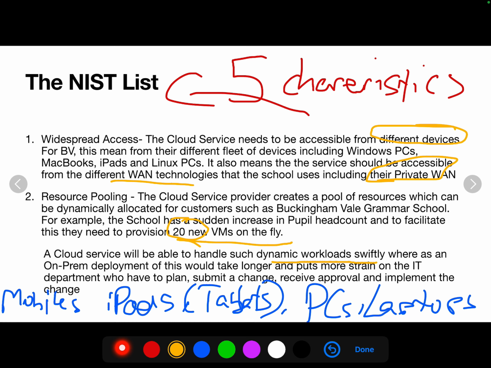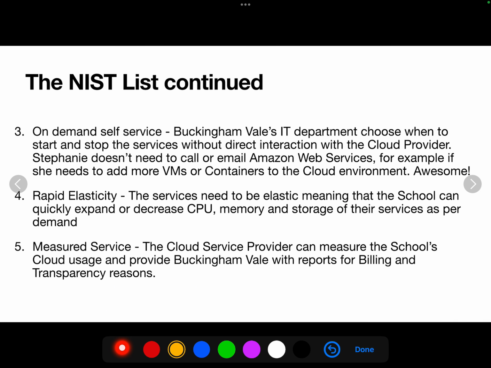On-prem deployment might struggle a bit, because normally you can expect an IT department to have more constraints and limitations on the resources compared to a cloud service provider, because a cloud service provider specializes in providing these kind of services. An IT department has many responsibilities, and there can be other limitations as well with an on-prem deployment. So cloud is very efficient, and that's great about it. And so resource pooling is another characteristic of cloud computing services.